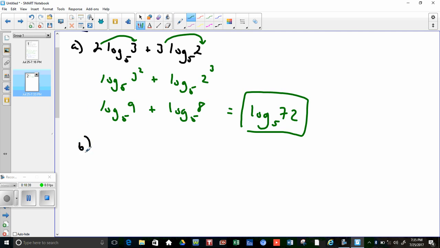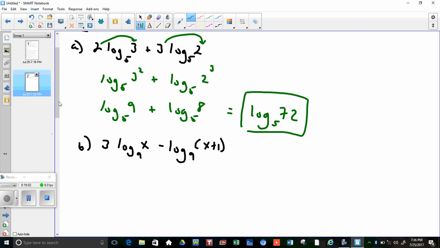All right, let's see another one. Let's do 3 log of x base 9 minus log of x plus 1 base 9.